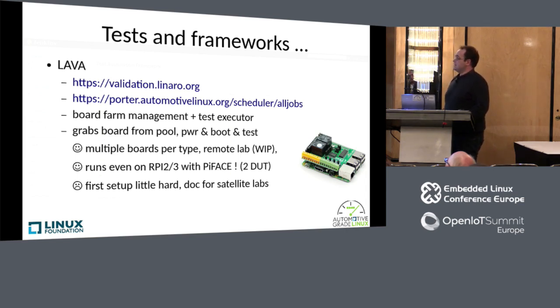What even works is that you can stick it onto a Raspberry Pi on top, so you have your relays for the powering, serial connectors, maybe a network switch, and that will already be enough to run two boards. The initial setup, if you follow the instructions, is pretty straightforward. You have to have a Debian, and then you can just pull it down from the packages.